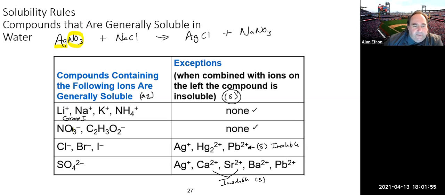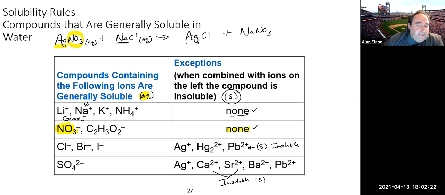And when I see nitrate, it is soluble. There are no exceptions, so as soon as we see nitrate, we know this will be aqueous. I go to sodium, which is on the list. It is group 1 with absolutely no exceptions, so I don't even need to go any further. That is going to be aqueous.